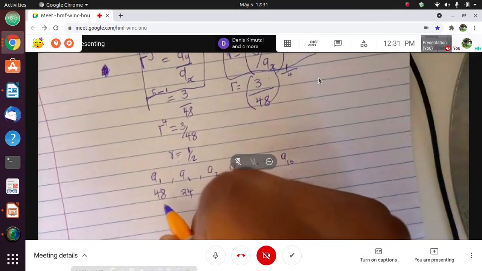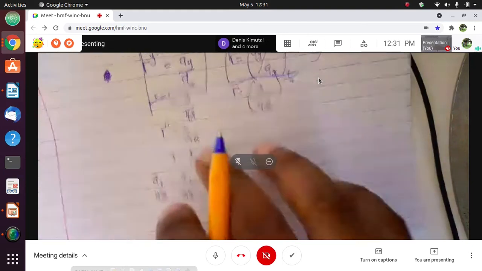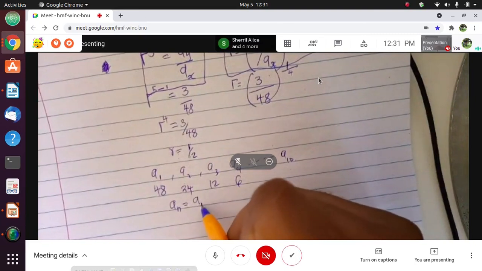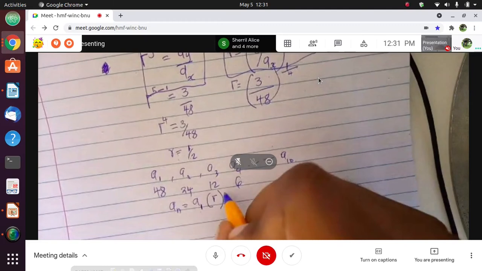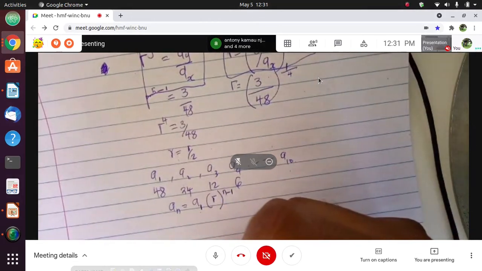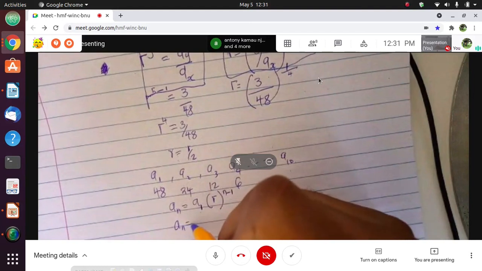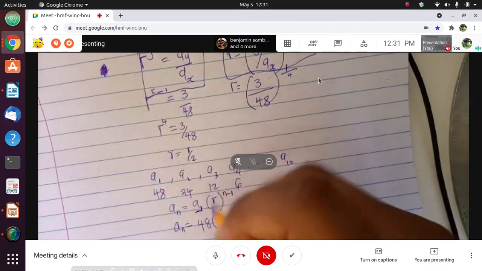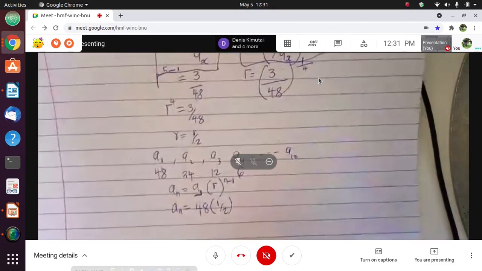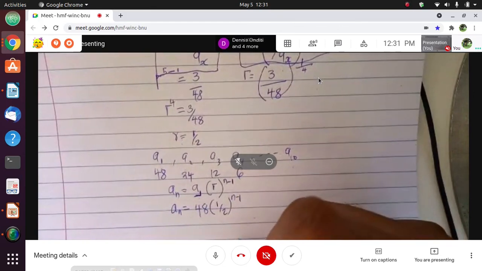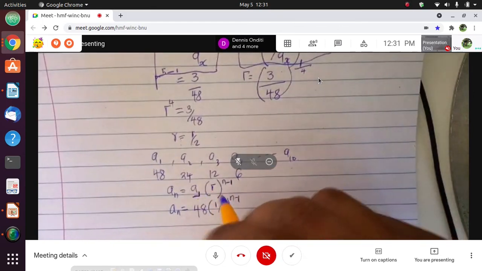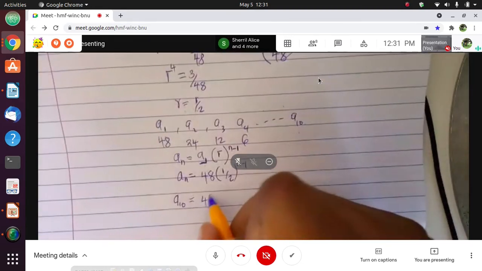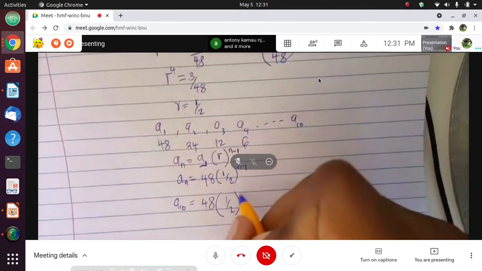Now, the general equation of a geometric sequence is an is equal to a1, the first term, times the common ratio raised to n minus 1. Therefore, an is given by the first term in our sequence, 48, multiplied by the common ratio, which is a half, raised to n minus 1. Now that is the general equation. The 10th term of our sequence will therefore be given by 48 times a half raised to 10 minus 1.